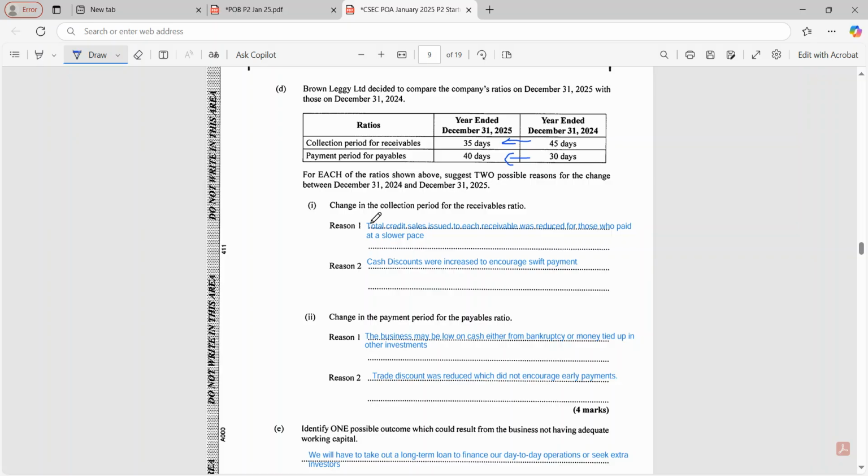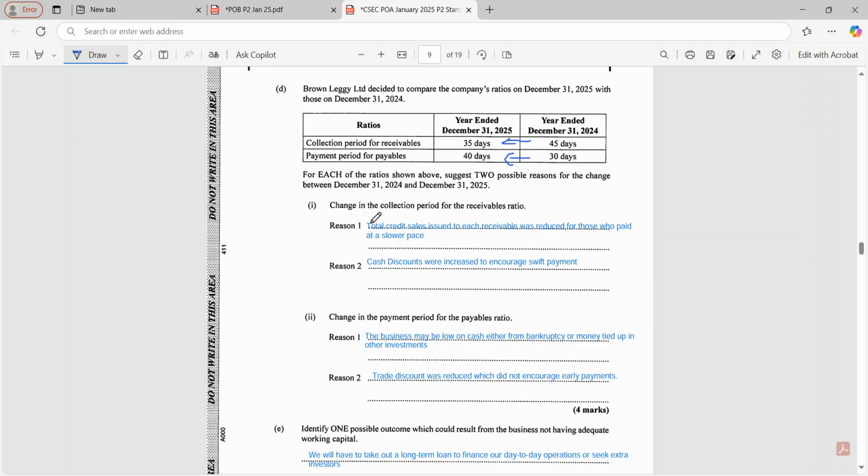Once it makes sense and could suggest why there's that type of change in the receivables ratio, then it is correct. So my answers, I said that total credit sales issued to each receivable may have been reduced.